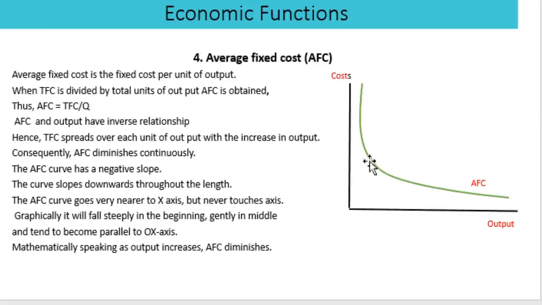It will fall steeply in the beginning, gradually in the middle, and tends to become parallel to the x-axis. As output increases, AFC diminishes. That is, average fixed cost is the total fixed cost divided by the output, the fixed cost per unit of output.